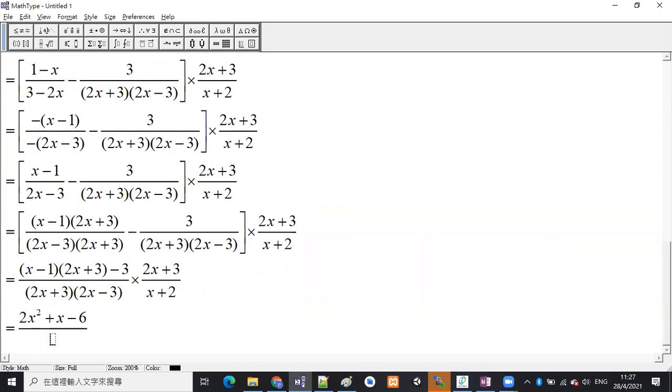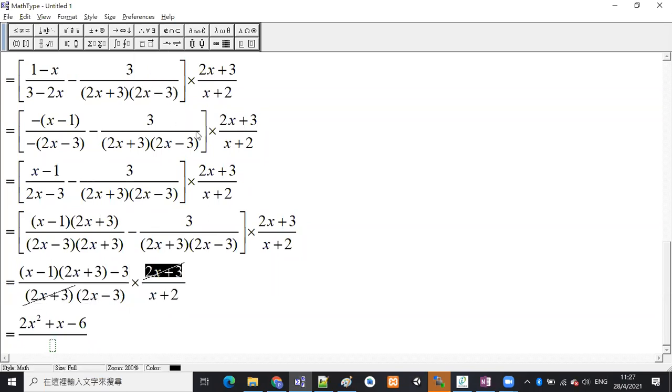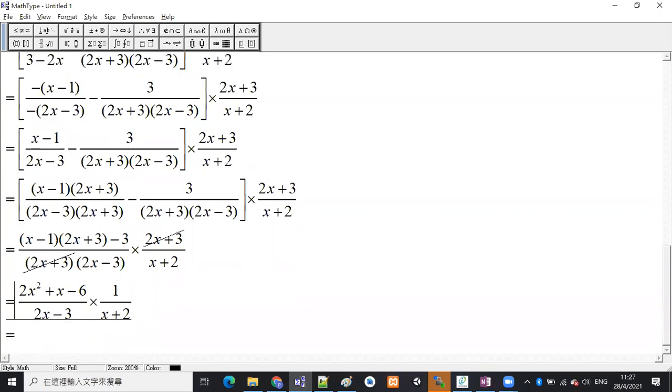And then actually you can see that this 2x plus 3 and the 2x plus 3 in the top right corner are exactly the same, so they cancel each other. What is remaining is 2x minus 3 times 1 over x plus 2. And then we have a quadratic polynomial here, so you need to factorize this. At least try to factorize this.